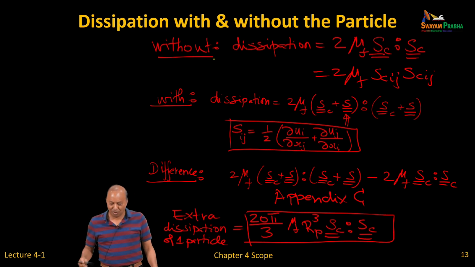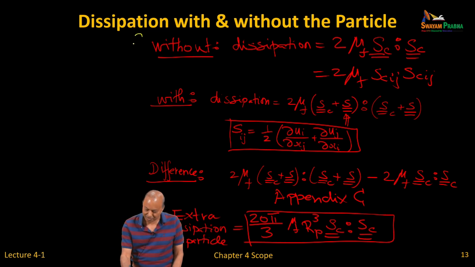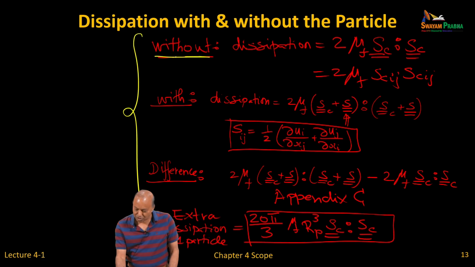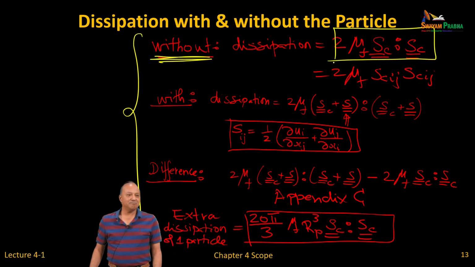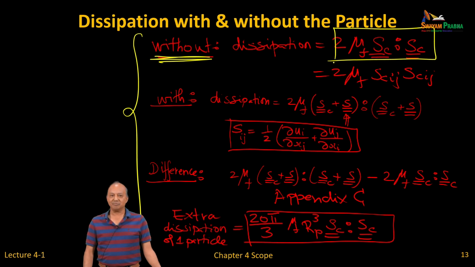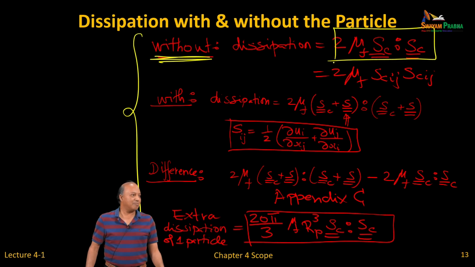Again, I don't want to go into the details. If there was no particle, there would be dissipation. Dissipation is nothing but two times the viscosity of the fluid times the strain field, which is a symmetric tensor, double dot product with itself.